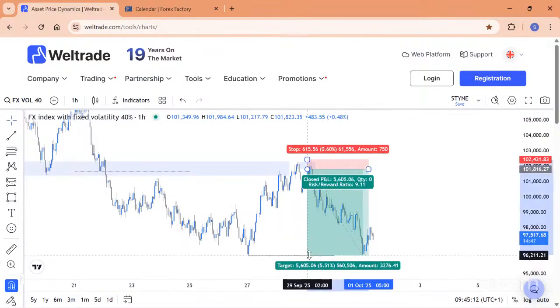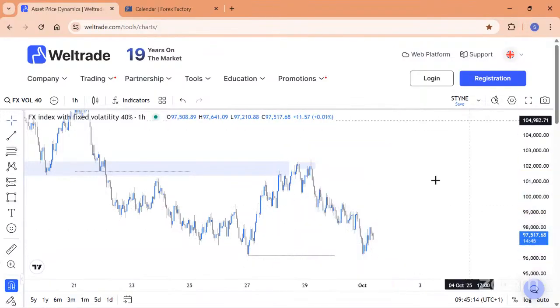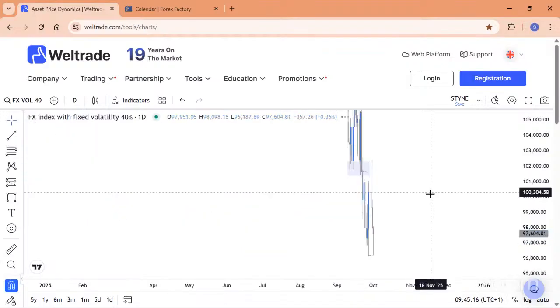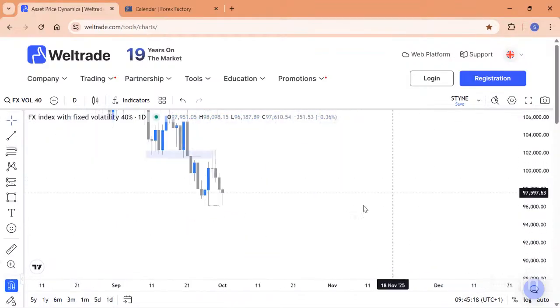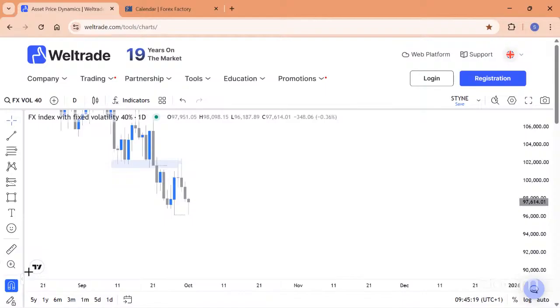All right. So now that price has finished this information, what we are going to do now is wait for a new information to form. Because after a major move like this one has happened, price is most likely going to go into a new retracement phase, trying to start a new story.